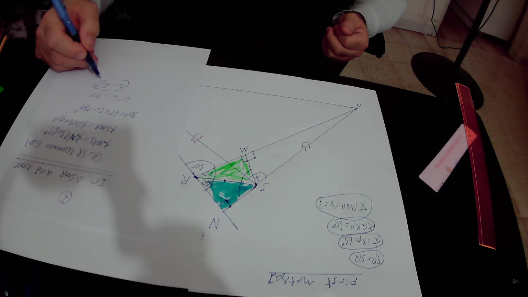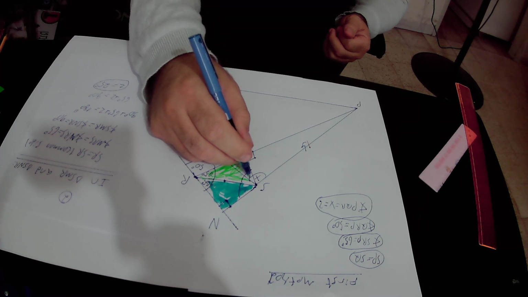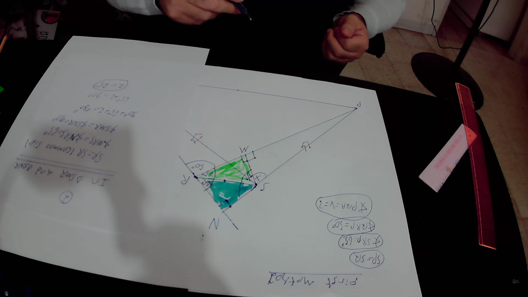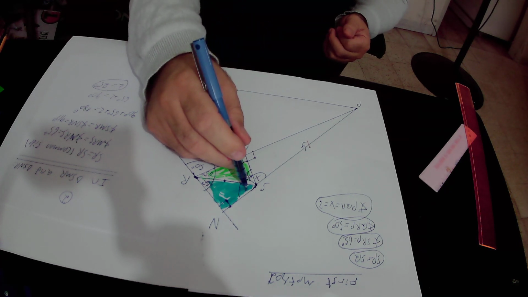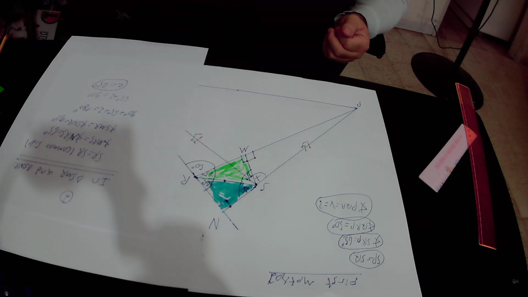So we found out that this angle equals 25 degrees, and it is actually also the size of this angle in the blue triangle. It also will be equal to 25 degrees.